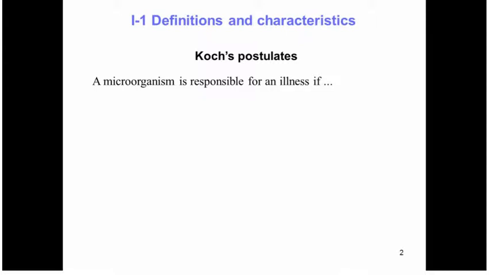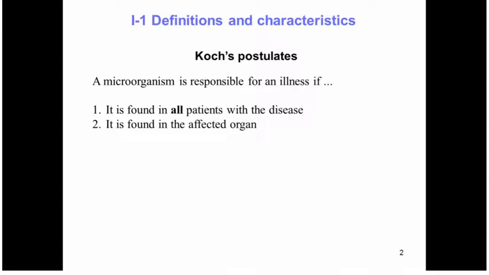So he said that you can really prove that your microorganism is causing disease if you find it in all patients with the disease and it's absent from healthy people. And within the patients who are infected, you can find the microorganism in the organ which is affected by the pathology.